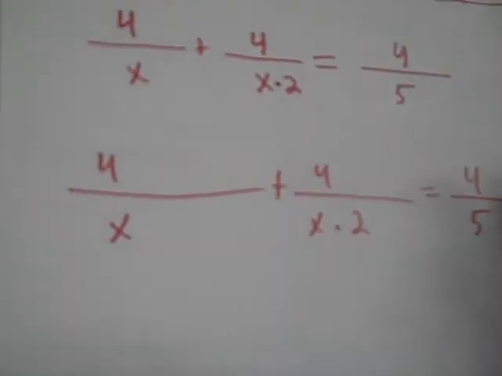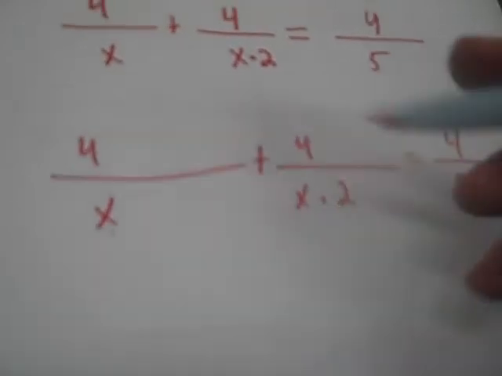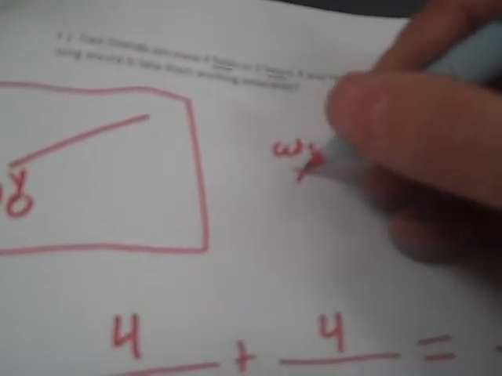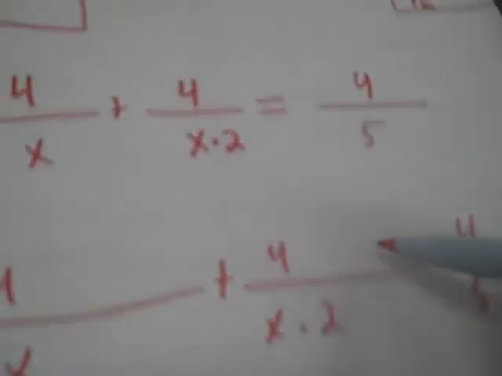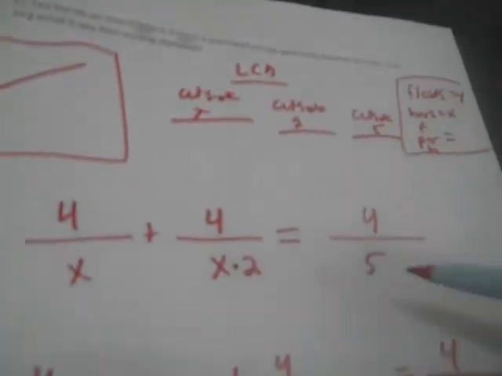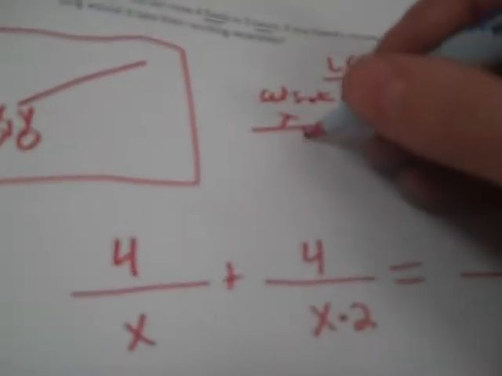Okay. Now the LCD, I have outer x, outside x. I have another outside x, so outside 2 and outside 5. Okay, so outside x, 1, 1, 0.